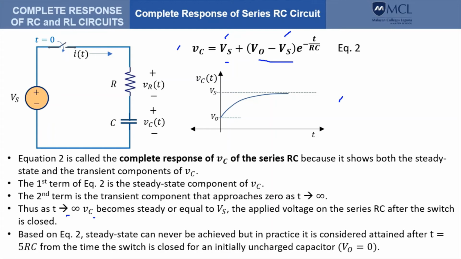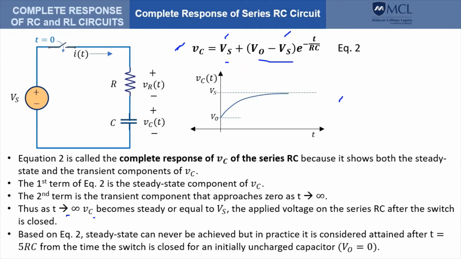Based on equation 2, we can say that v sub c technically can never attain a steady state, or can never be equal to v sub s.